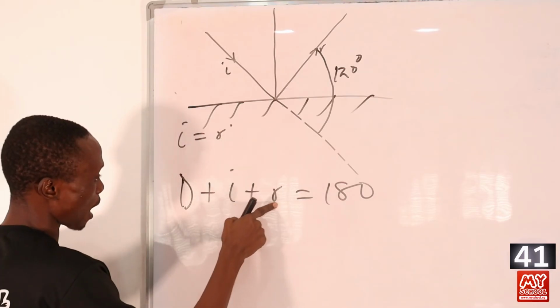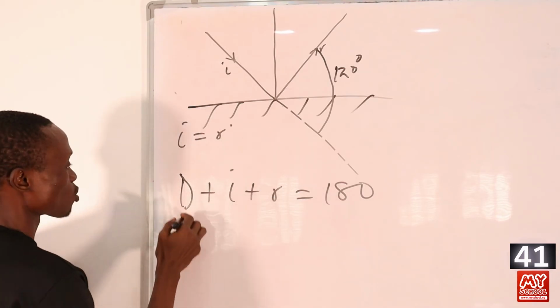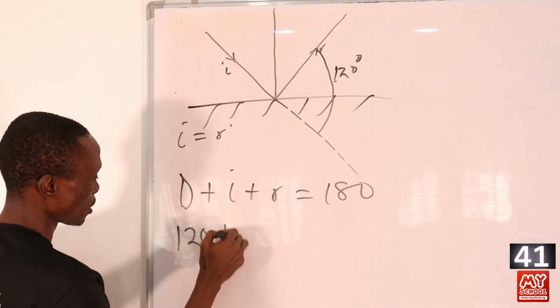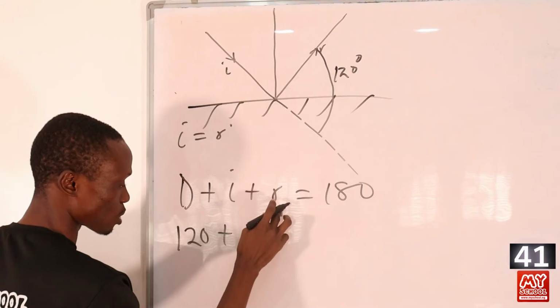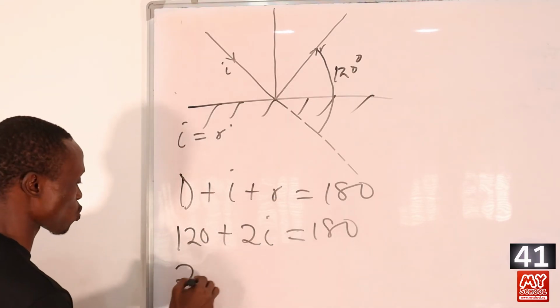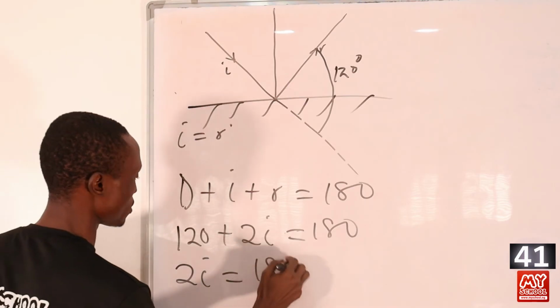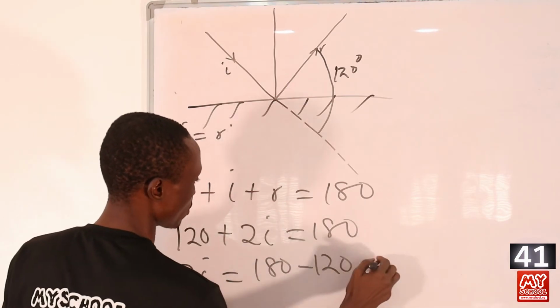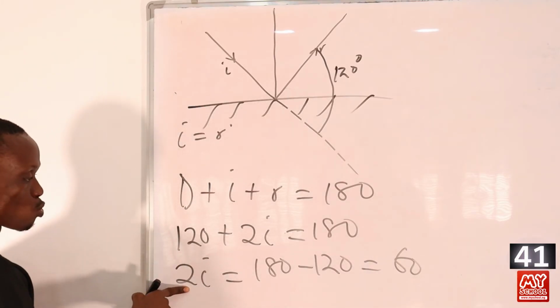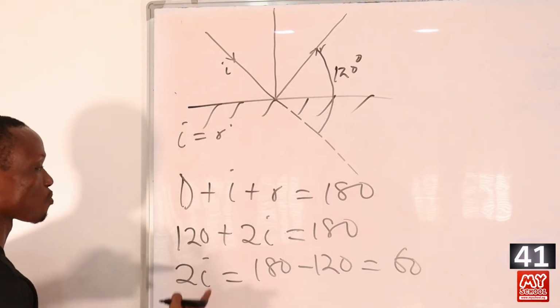So in place of the arrow here, we are going to replace it with i. Our D was given to us as 120 degrees, so let's put it here. If we add these two together, it becomes 2i equals 180. So we collect like terms, so that 2i is equal to 180 minus 120, and that will be equal to 60, right? We divide both sides by 2 because we are looking for the angle of incidence.